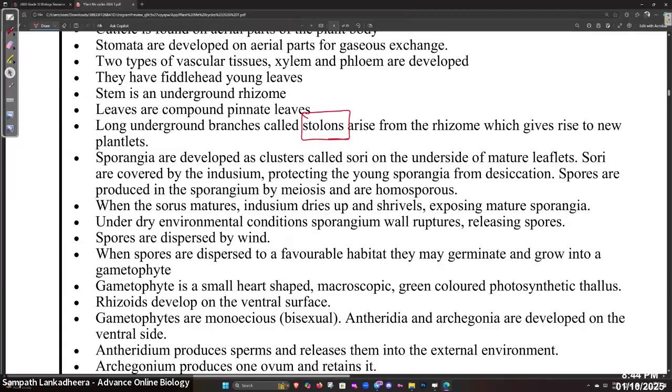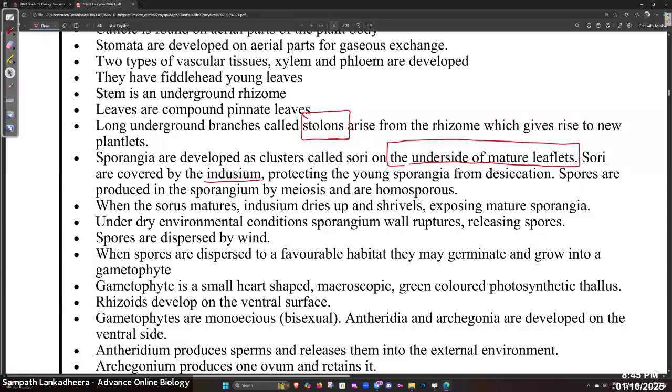Sporangia are developed as clusters called sori on the underside of the mature leaflets. The sori are covered by indusium, protecting the young sporangia from desiccation.